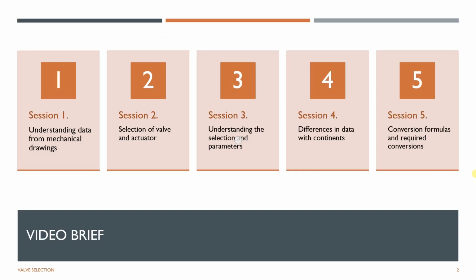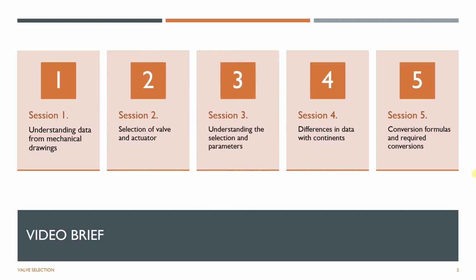Session 1 would be understanding what data you should be looking into when you refer to a mechanical drawing to select a valve. What are the critical data? Session 2 will be what type of valves and actuators you'll be selecting, based on what application, and why you have to select that, and who tells you to, or why you have to specifically select what actuator based on the job.